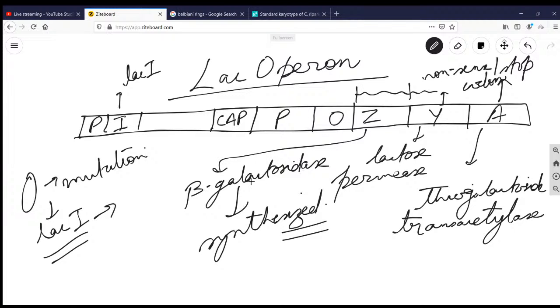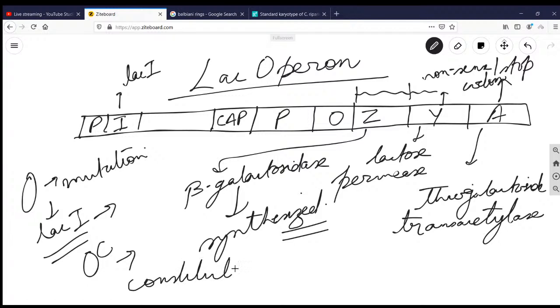That can also be asked. What will that result in? So that will result in always constitutive expression of lac operon, because there will be no inhibition, right?